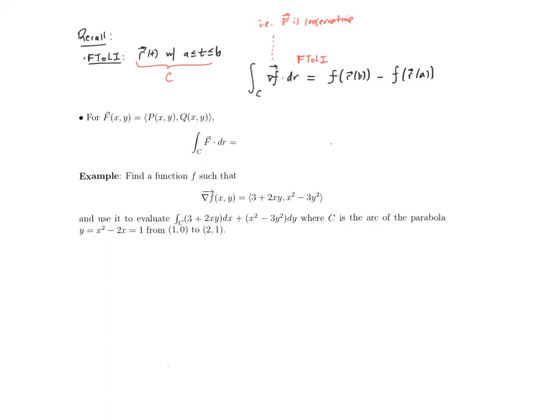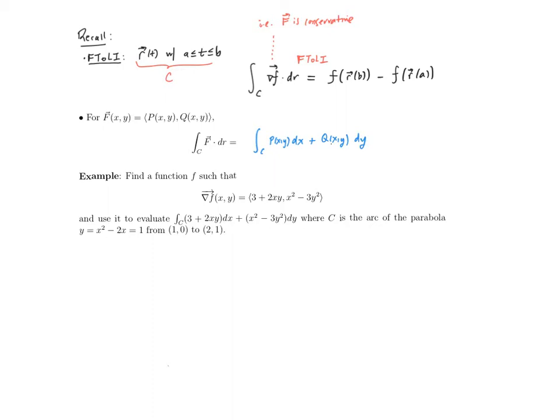Before diving into such an example, let me note that if we have a two-dimensional vector field with component functions P and Q respectively, the line integral over that vector field is equal to the line integral of P dx plus Q dy. That is to say, we have this nice connection back to our previous material with line integrals.